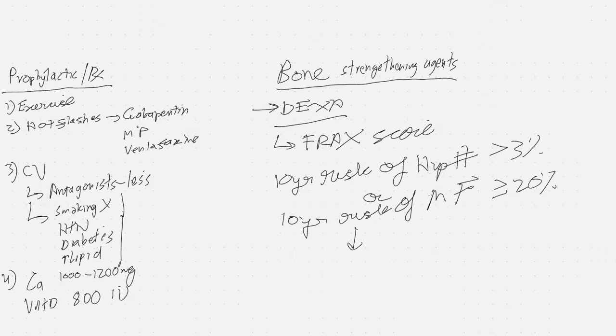So either of those can be given based on the FRAX score, which can be analyzed by doing a DEXA scan. Okay. So that's how you decide whether a bone strengthening agent is required or not.